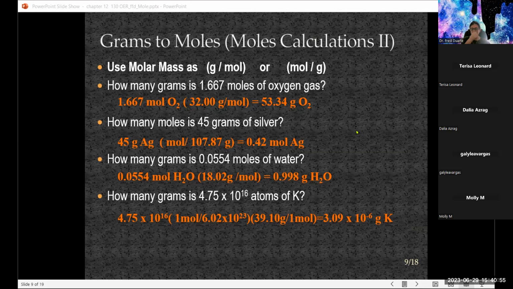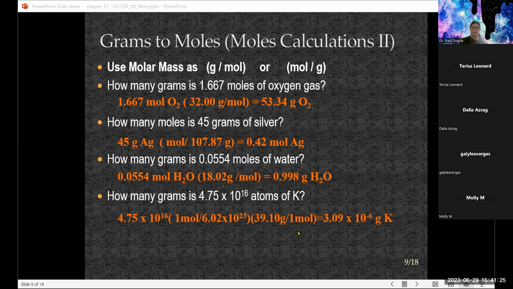And when you calculate how many grams that is, it's 3.09 times 10 to the -9 grams of potassium. Very small amount. The balances we have in the lab couldn't even weigh that. We'd have to get a special balance. Even in a small quantity of potassium, we have an extremely large number of atoms. All right.